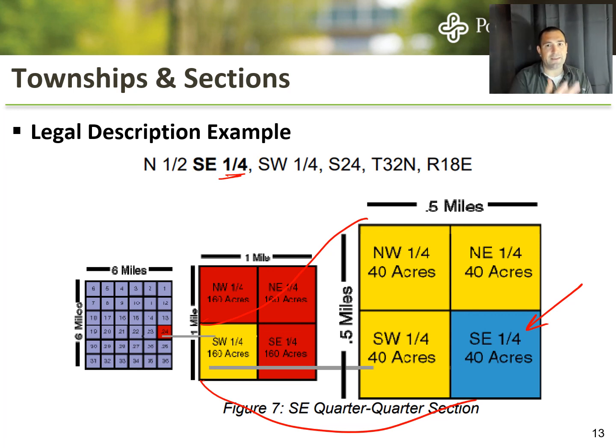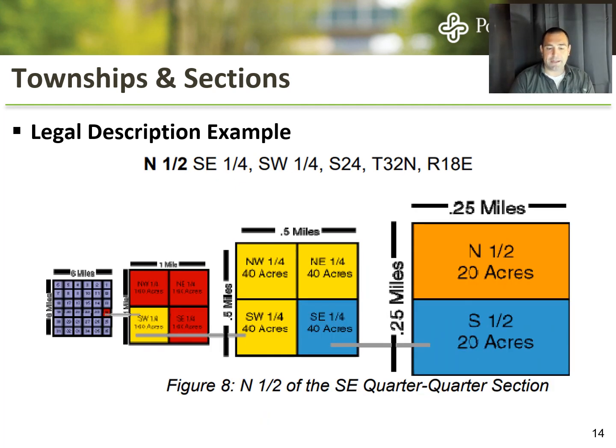Again, it's this nested cardinal direction, but graphically, I think this is a really good example to show you what's going on. And then finally, that 1/4 mile by 1/4 mile area that we're left with, we are just focusing on the north 1/2. So we went from 160 acres down to 40 acres, and now half of that 40 acres would be the remaining 20 acres. And so that's how it all drills down.